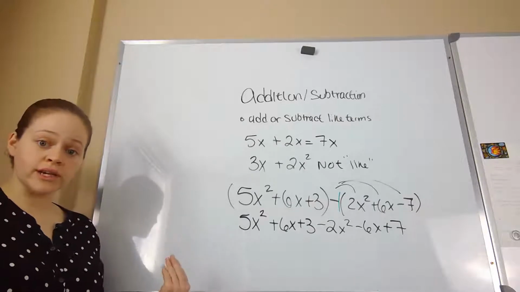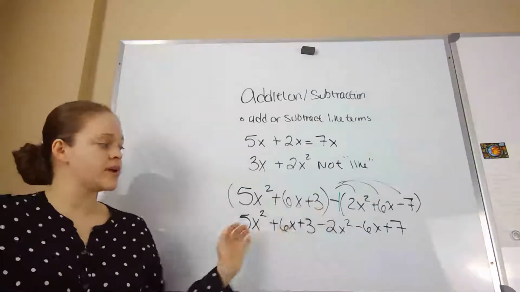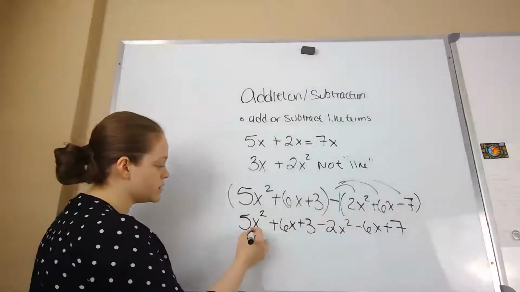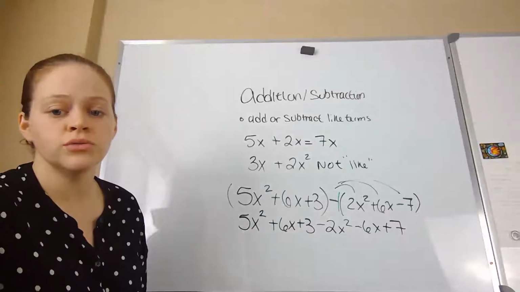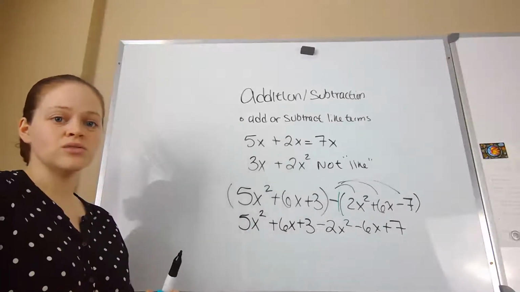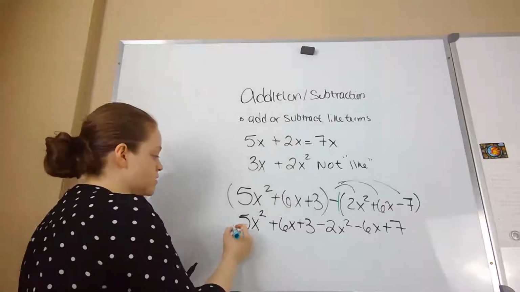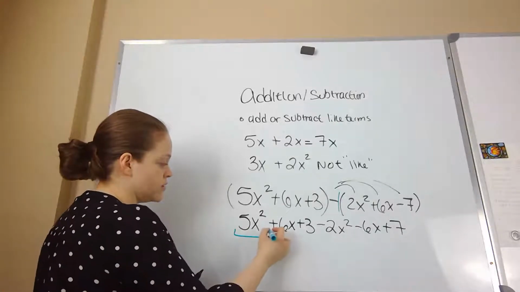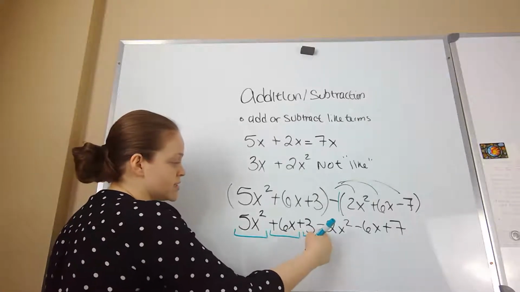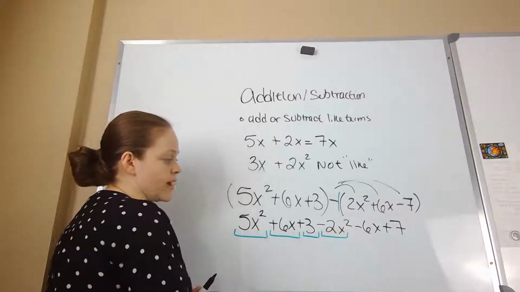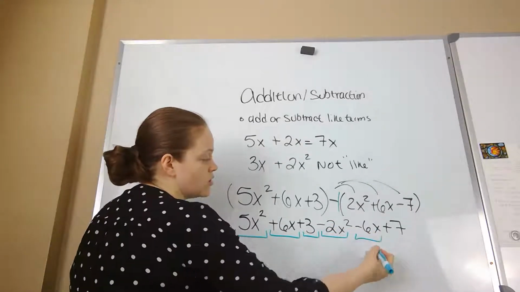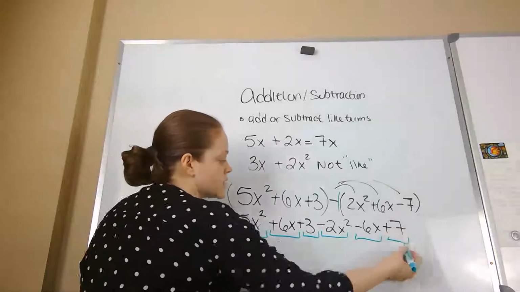Then you can rewrite the like terms together. You can simplify from here, or you can just rearrange them. If you're going to rearrange them, do know that the sign goes with the term. This is one term, one term, one term. This negative sign goes with this 2x squared, this negative sign goes with this 6x, and this is your 7.